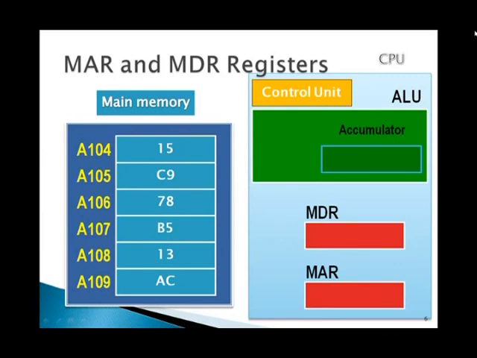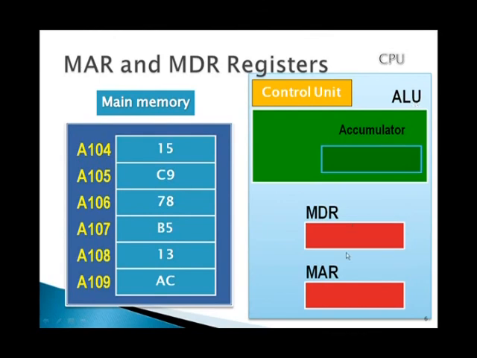This slide represents the architecture of main memory and CPU. CPU consists of several parts: ALU, control unit, and registers. Registers are special purpose fast storage locations in CPU.